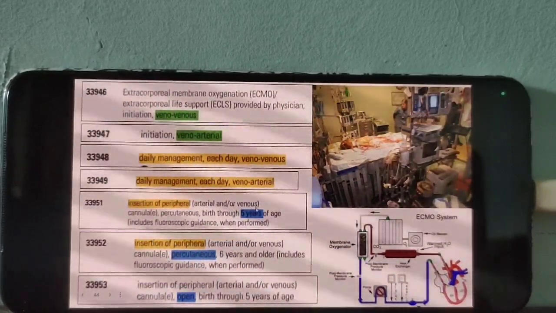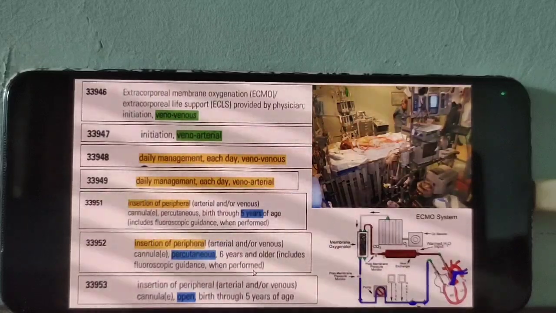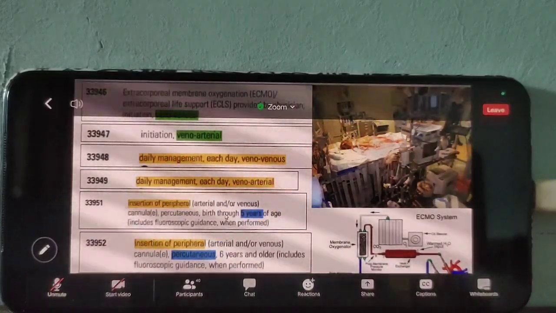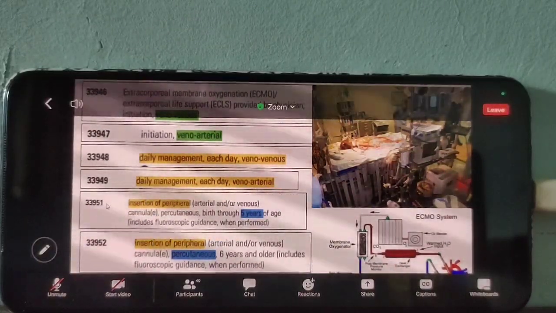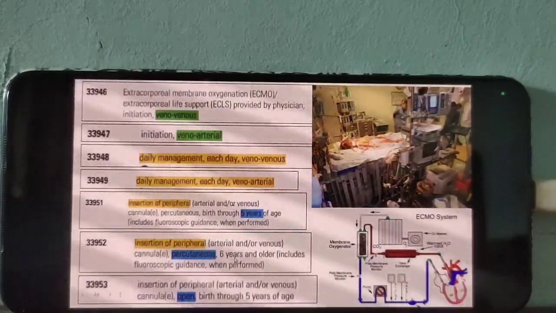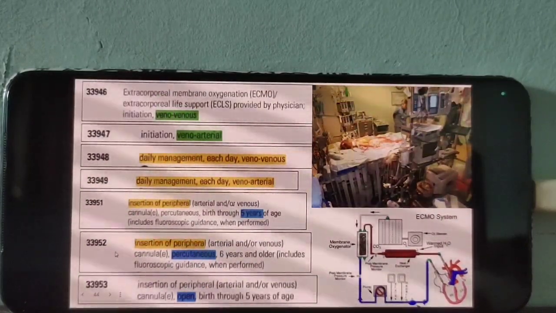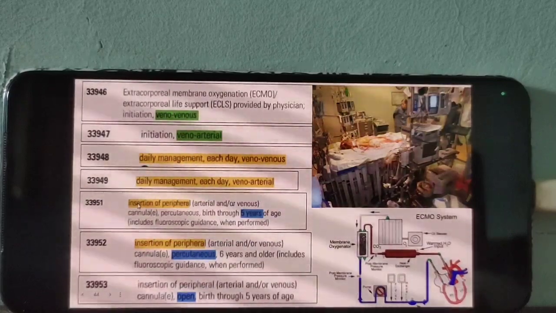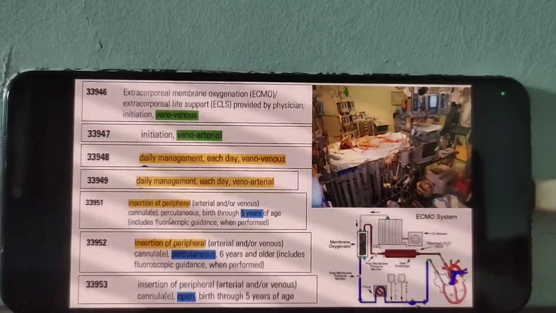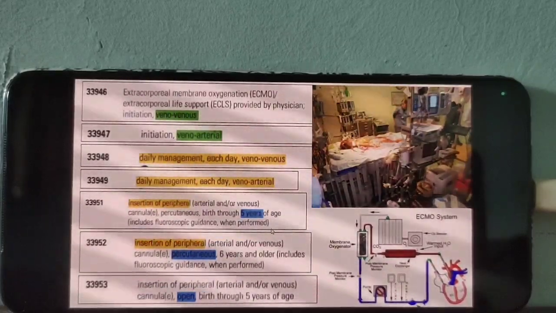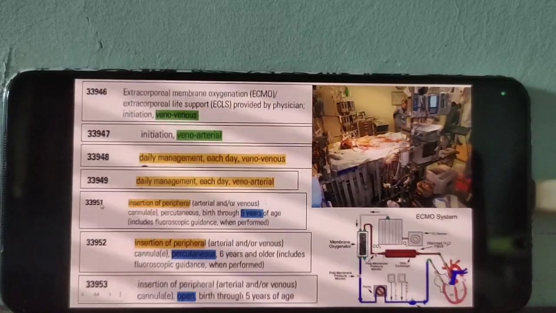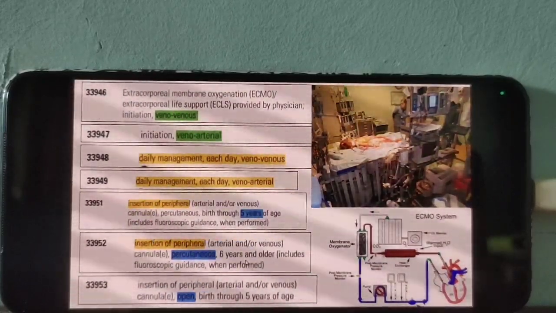For a patient aged birth through 5 years, go for 33951; 6 years and older, go for 33952.